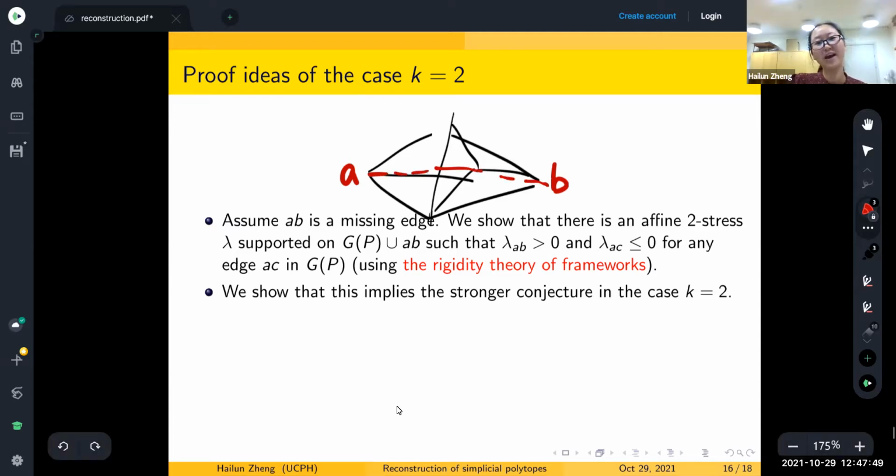Just think about it. If I add it back to the graph of P, then maybe I will be able to find some non-trivial affine stresses. This is actually true, okay?